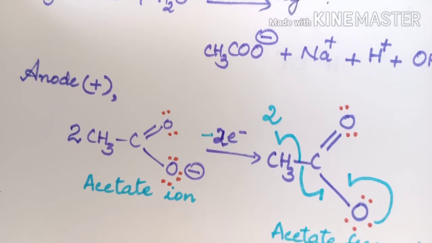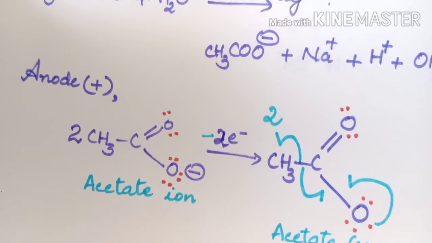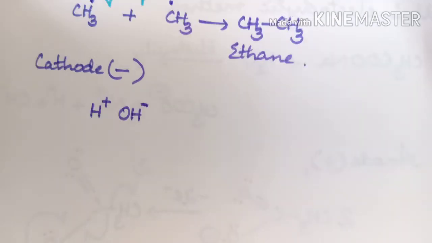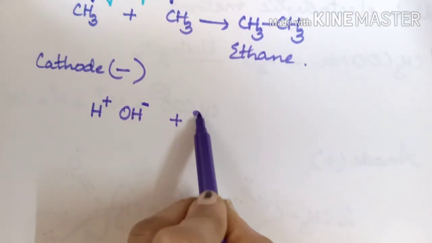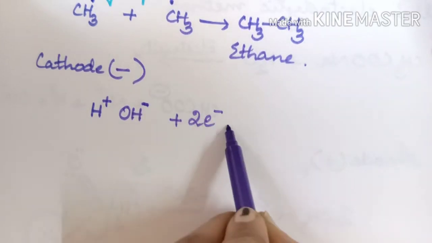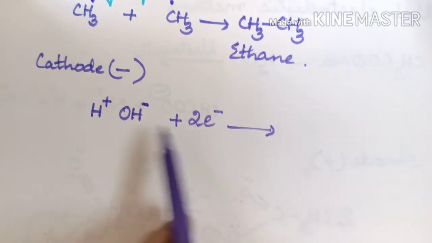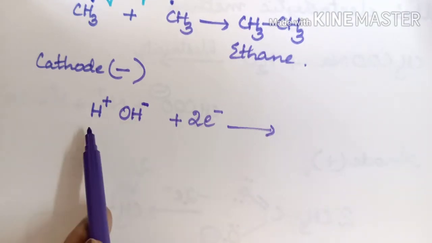Whatever is lost at the anode must be gained at the cathode. Since two electrons are lost there, those two electrons are to be gained at the other side, and here the H plus ions take up two electrons.